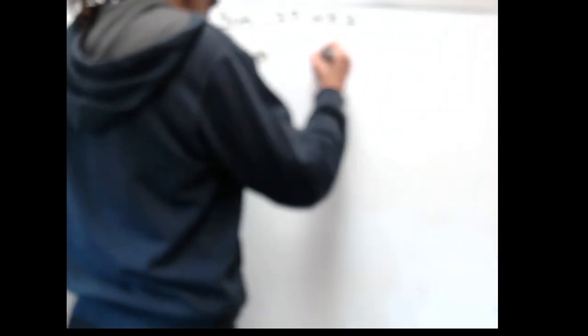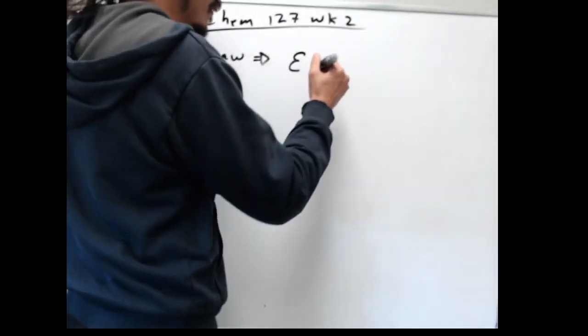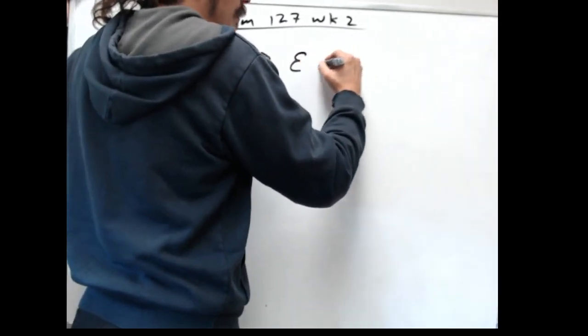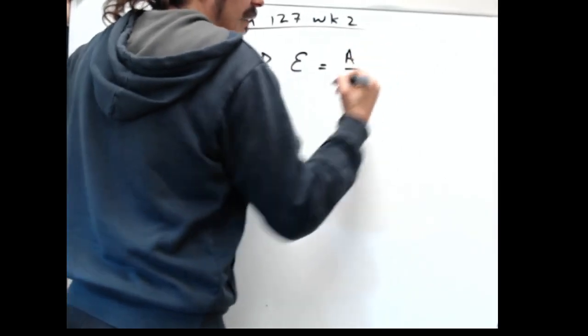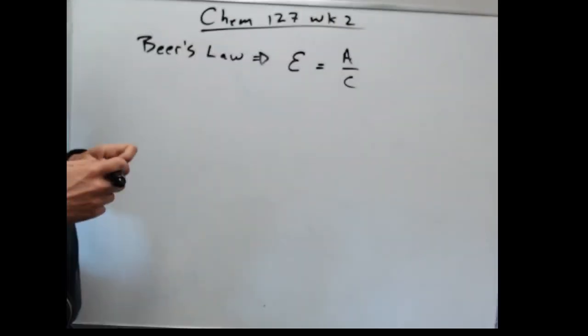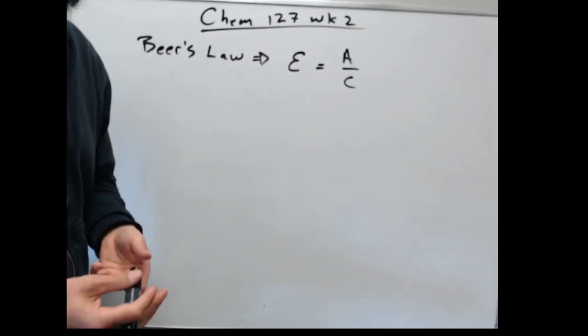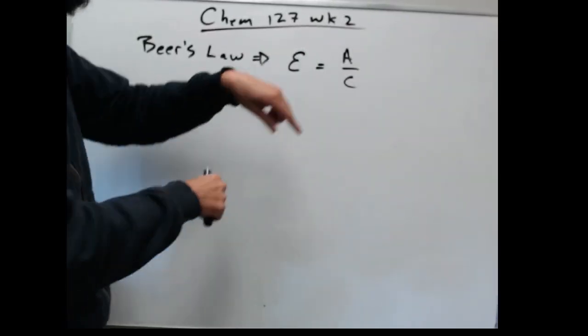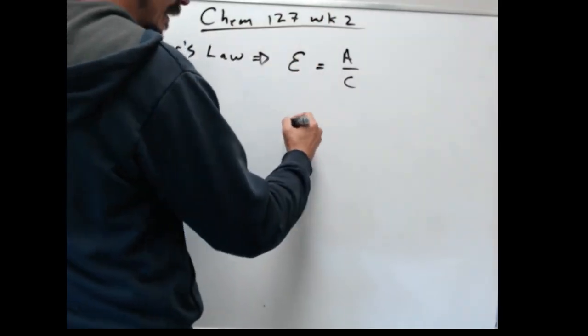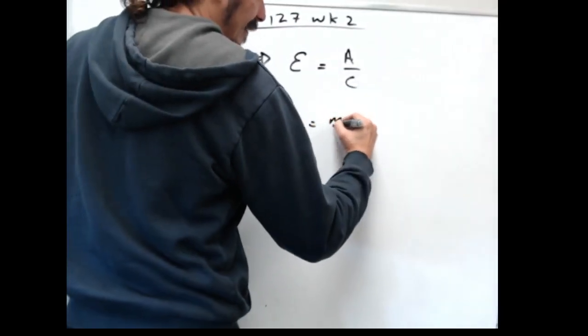And so what this guy realized is that there's some coefficient, there's some relationship between absorption and concentration. It's kind of like density, kind of like molecular weight. Density is, let's write density real quick, mass over volume, right?